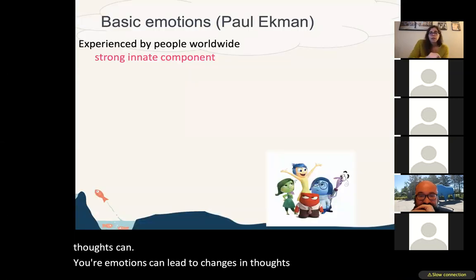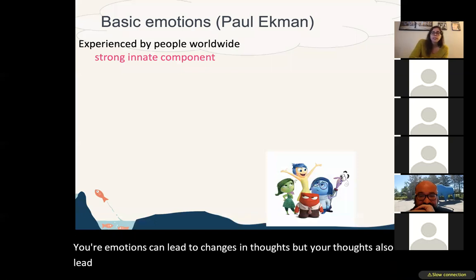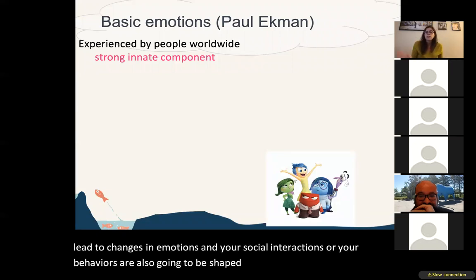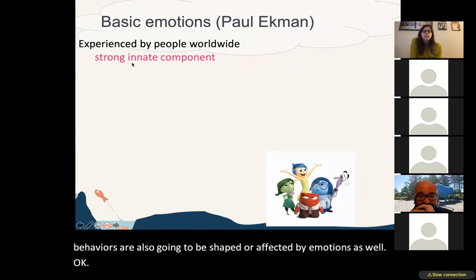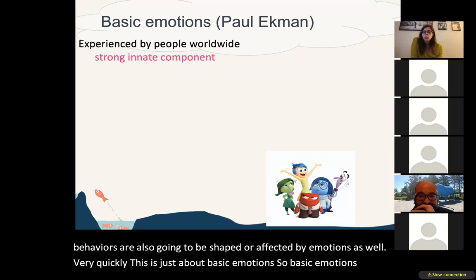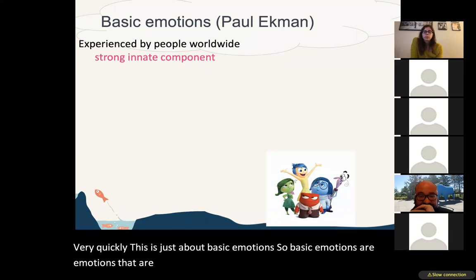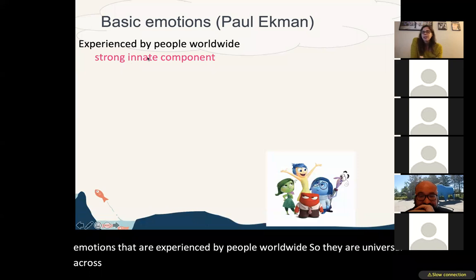Okay, very quickly, this is just about basic emotions. So basic emotions are emotions that are experienced by people worldwide. So they're universal. Across cultures, people experience a lot of the same emotions and can recognize emotions. So what this tells us is that there's a really strong innate component to certain emotional experiences. And what innate means is that it's something we're born with, it's part of our biology.